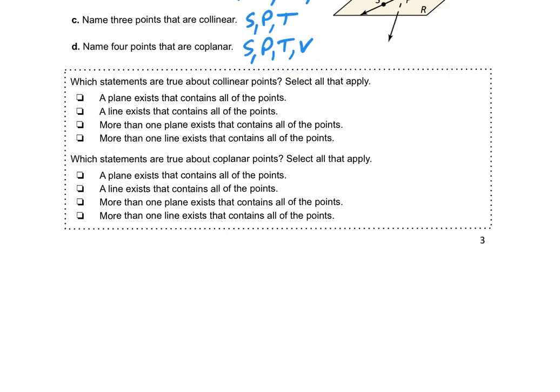Let's say that I were to put 2 points up here. I'm going to connect those 2 points together with one, right? Is there another line that I can draw? A different line that I can draw through those 2 points?